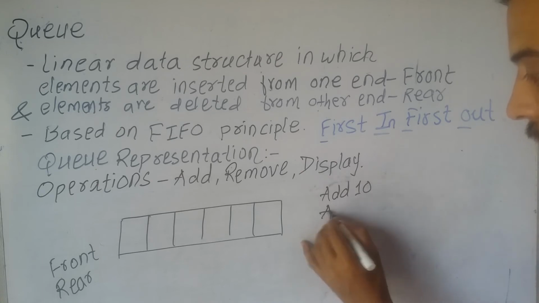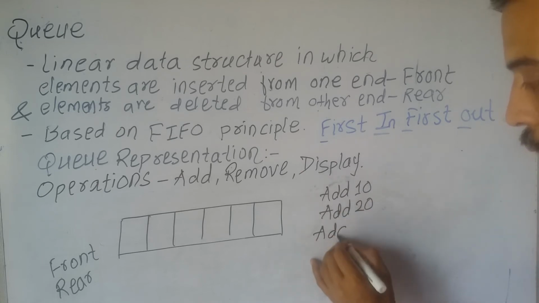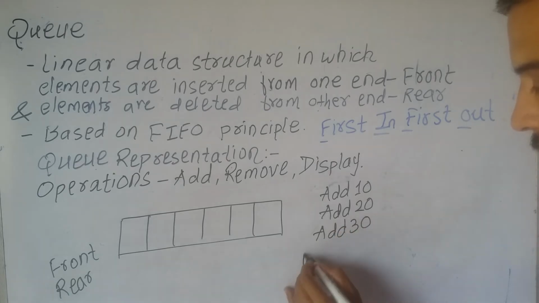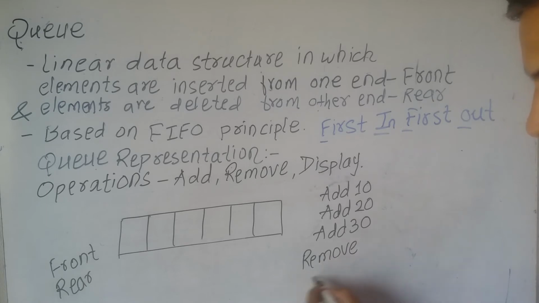Then the second operation, add 20. Then the third operation, add 30. Then the next operation, remove. Then another operation, remove. Then again I am performing the operation add 40, like this.